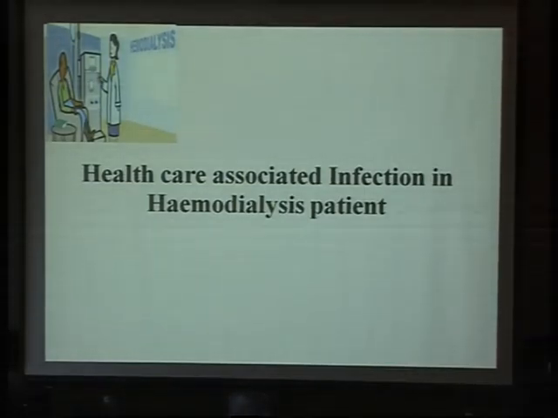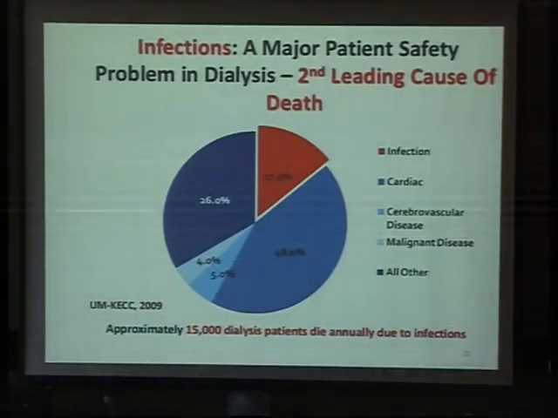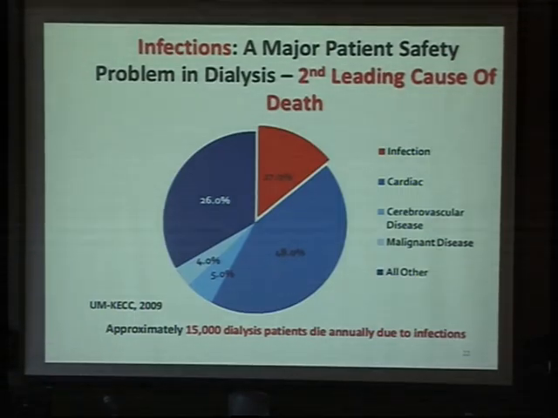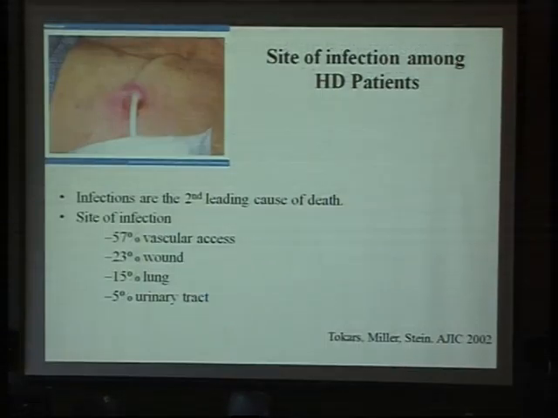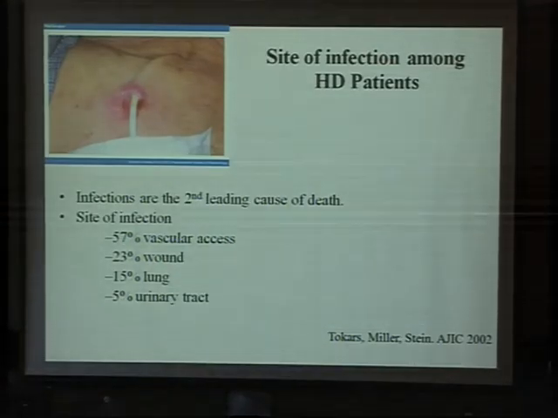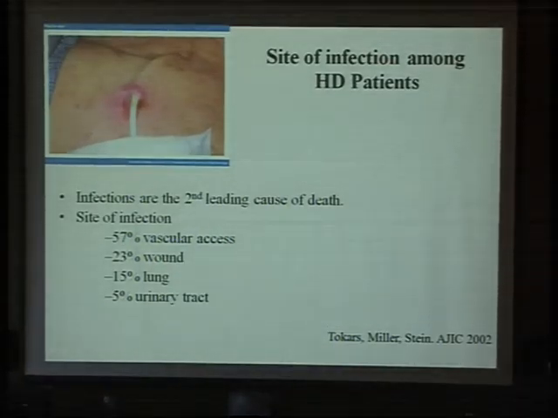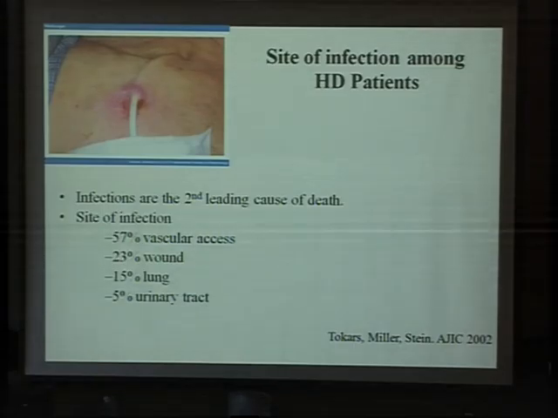What about the hemodialysis patient? As mentioned before, infection is the second cause of death. It was reported in 2009, and is still so up to this moment, after cardiac problems. The most common site of infection is the vascular access, followed by wounds and then the lung.